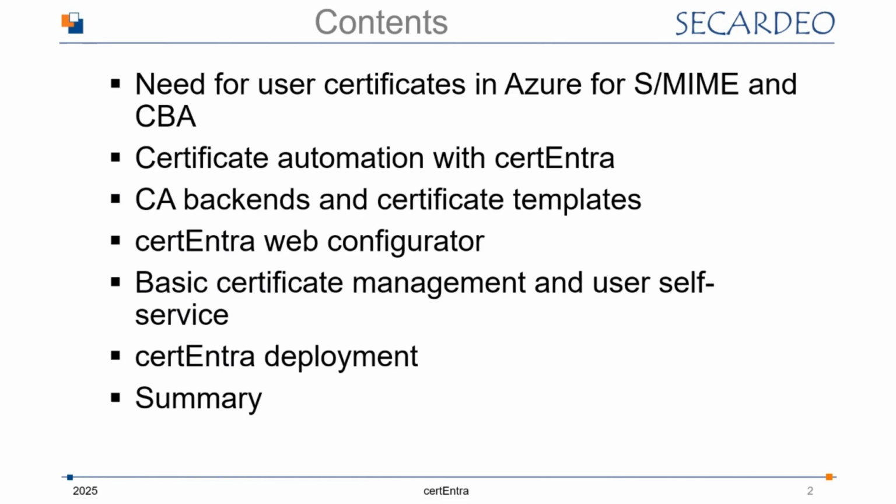I will show you an overview of the web configurator, and I will explain how you can do basic certificate management and user self-services. At the end, I will explain how you can deploy certEntra in your Azure environment, and I will also give you a summary of what we discussed.